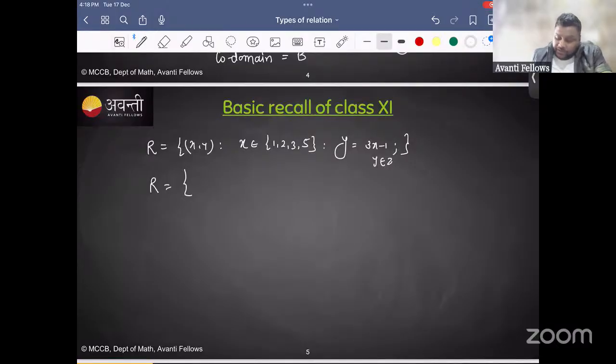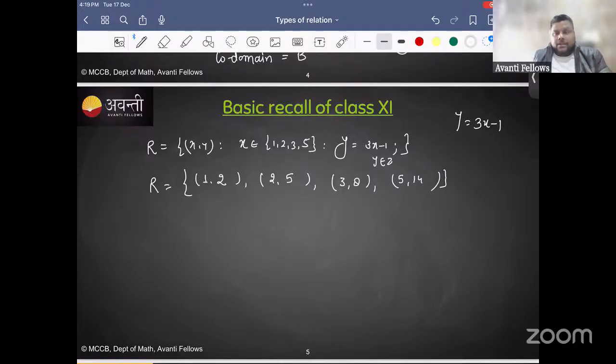Now the relation has ordered pairs (x, y). While x is 1, y is going to be 2, because y is 3x minus 1. While x is 2, y is going to be 5. While x is 3, y is going to be 9 minus 1, 8. And while x is 5, y is going to be 15 minus 1, 14. Am I correct?